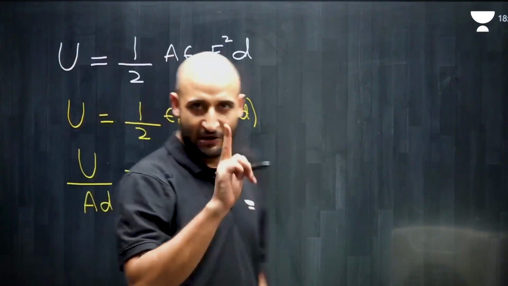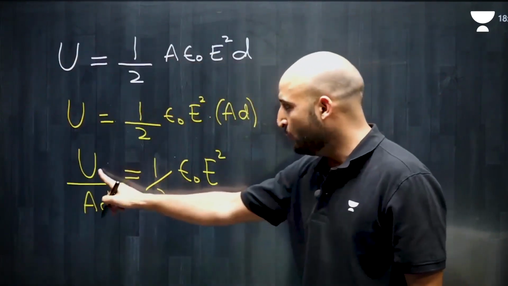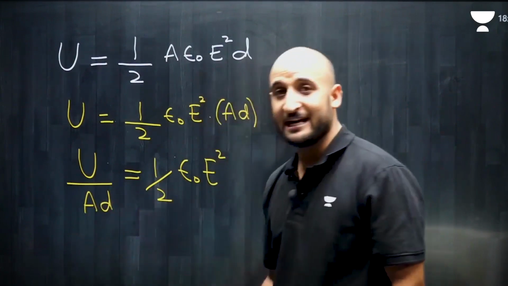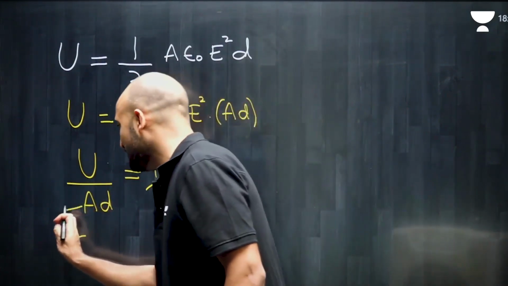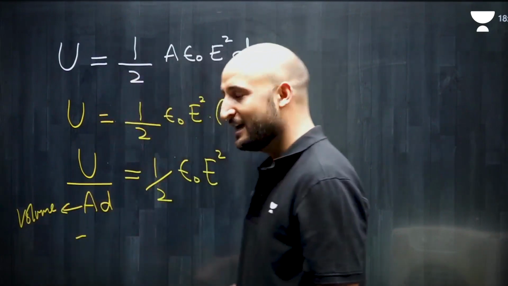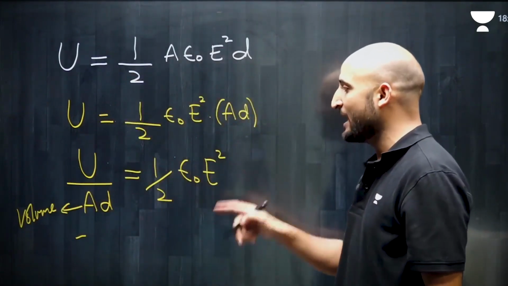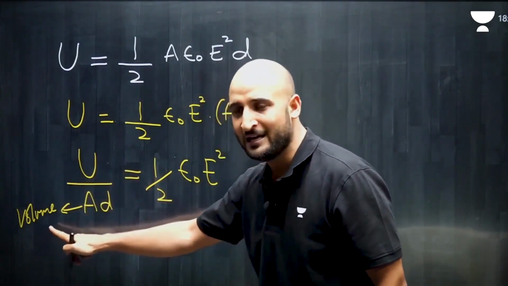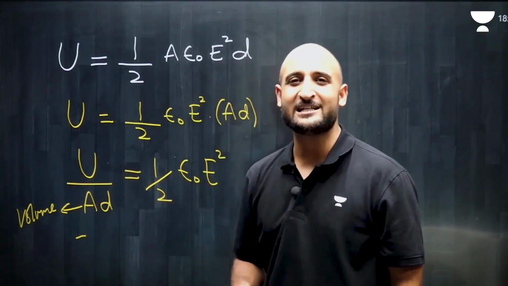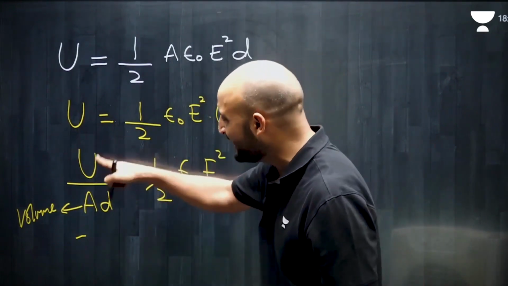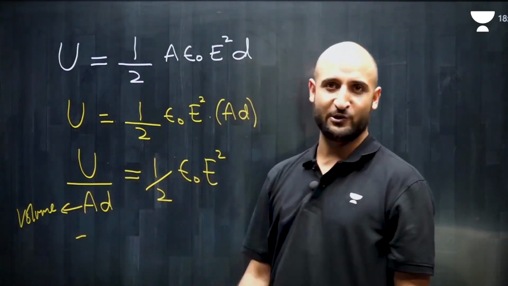Now understand this equation. U is the total energy stored by the capacitor. A into D is the volume of the capacitor, and that's equal to 1 by 2 epsilon naught E square. So total energy stored by the capacitor divided by volume is what we call the energy density of the parallel plate capacitor, that is, the total energy stored per unit volume.